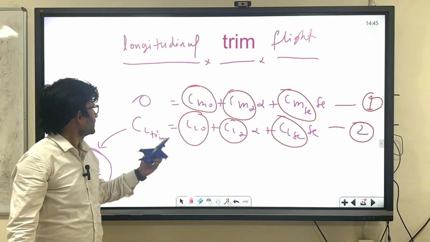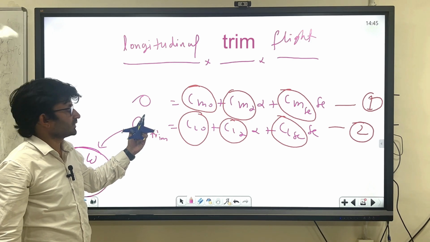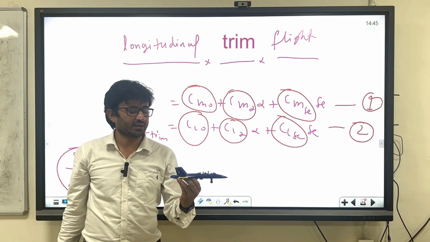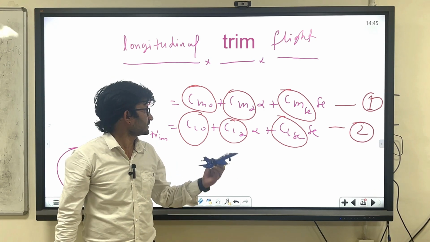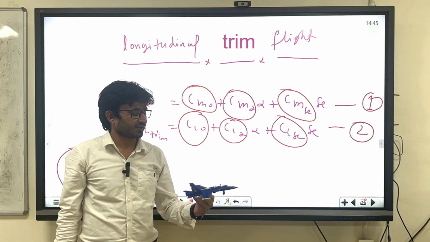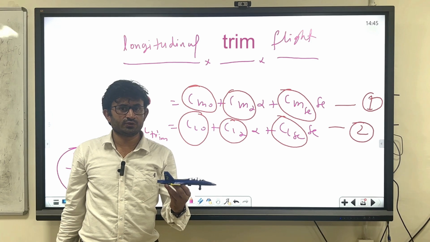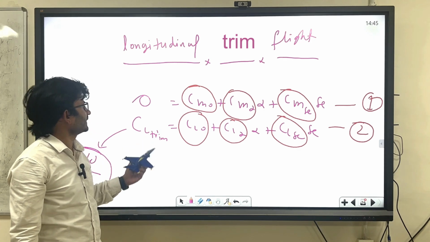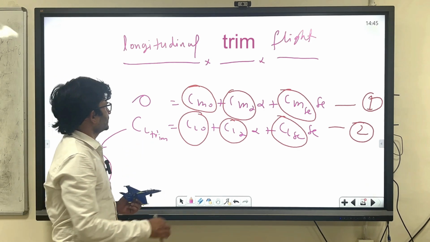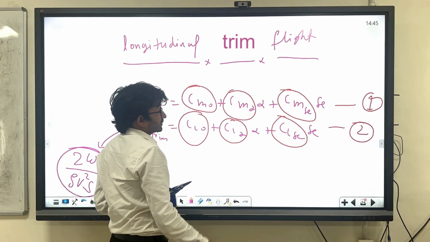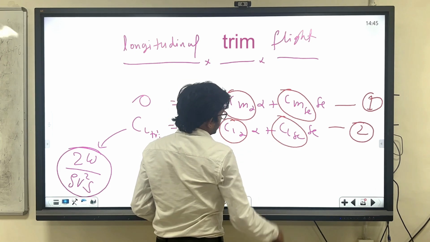That means Cm is 0, and whatever angle of attack you are flying at is the trim angle of attack. Whatever CL you are flying at corresponding to this angle of attack will be the CL trim. So this is two equations and two unknowns, alpha and delta E.